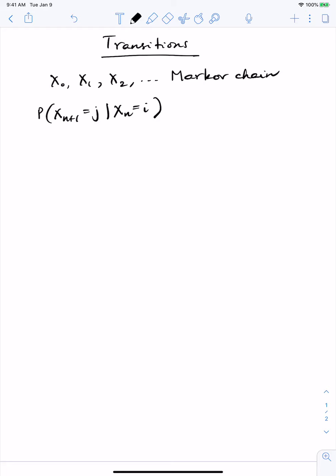And it is called a one-step transition probability. One step because you're taking one step from time n to time n plus 1. Transition probability because you're making a transition between two states.